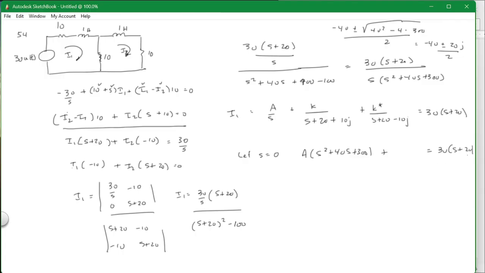And the S's go away. And so A times 300 is equal to 60. What's 60 over 300? A is equal to 0.2.